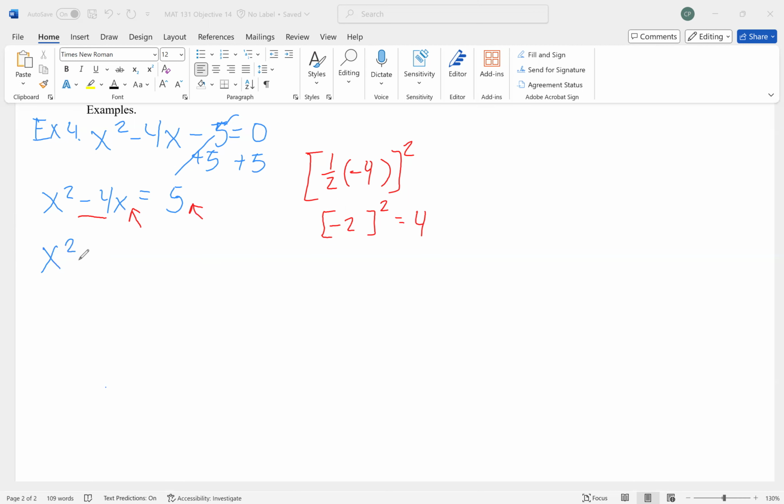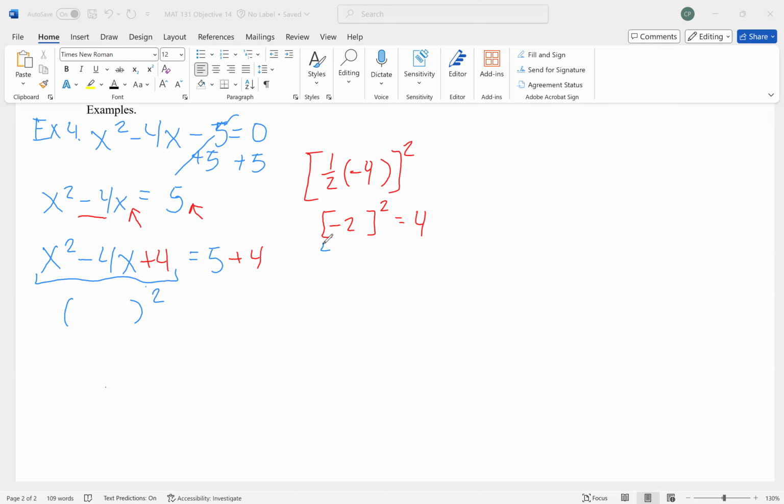So we got x squared minus 4x. And I'm going to add in +4 on both sides. This is the completing the square part of the problem. Now that that's done, I need to factor this into my binomial squared, okay?